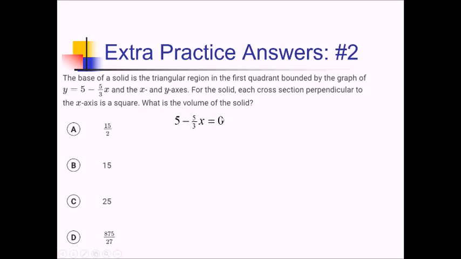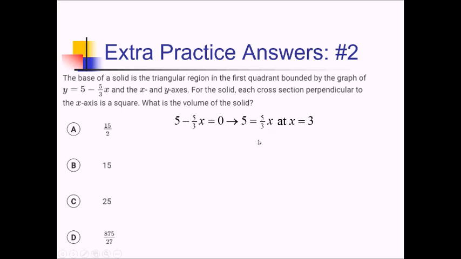It's easier if I just add 5/3 x to both sides. Now if I multiply both sides by 3/5, that's going to cancel out the 5/3. On the left side, 3/5 of 5 is just 3. So that's our upper limit of integration. We're going to have an integral from 0 to 3.